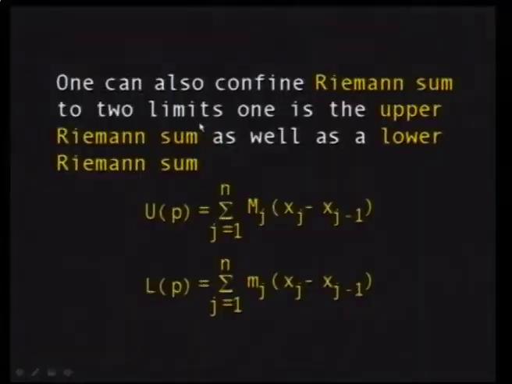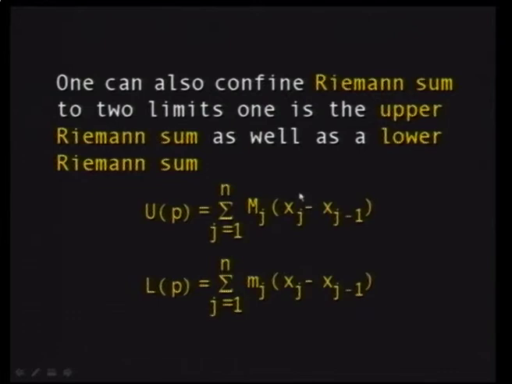Again here you can actually do the same thing. This is called an upper Riemann sum and lower Riemann sum, the same idea we did before, except that instead of taking f of t_j, you can take the maximum in each subinterval and the smallest value of the function, but you can allow for different partitions.